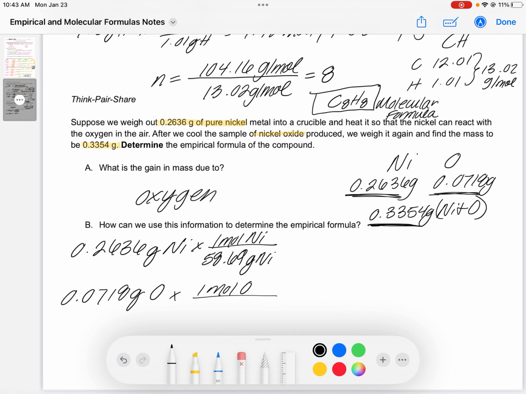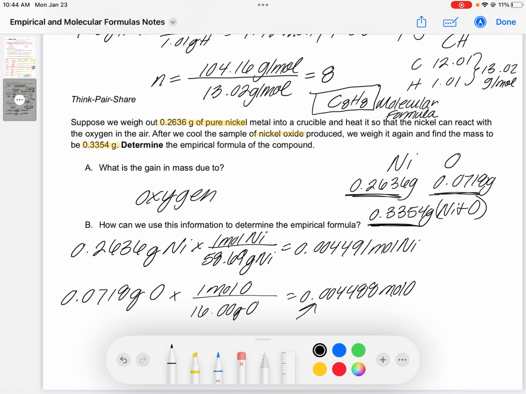For every 1 mole of oxygen from the periodic table, we know that there's 16.00 grams of oxygen. We're going to solve this to get 0.00449 moles of nickel and 0.00448 moles of oxygen.